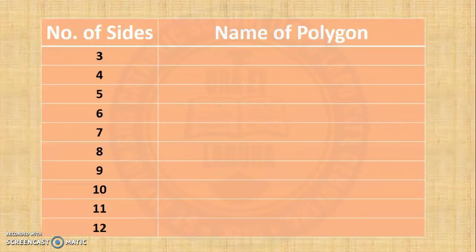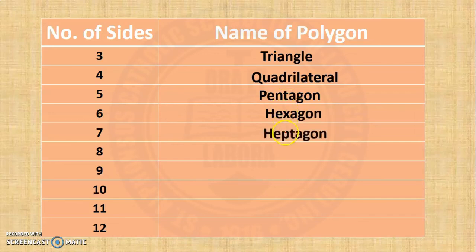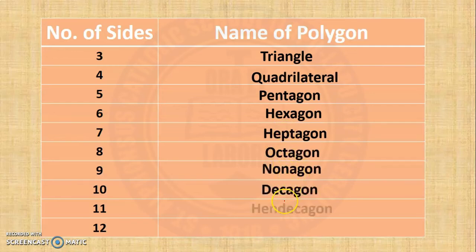If a polygon has 3 sides, it is called a triangle. 4 sides, quadrilateral. 5 sides, pentagon. 6 sides, hexagon. 7 sides, heptagon. 8 sides, octagon. 9 sides, nonagon. 10 sides, decagon. 11 sides, hendecagon. And 12 sides, dodecagon. So these are some names of the polygons according to its sides.